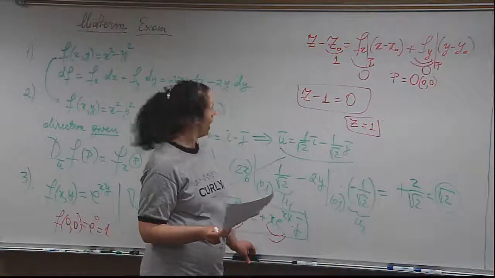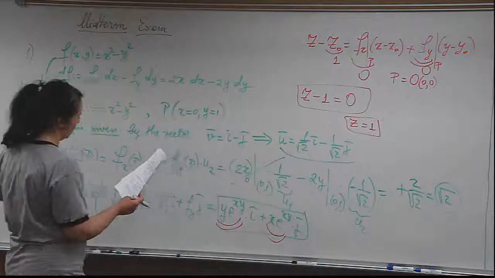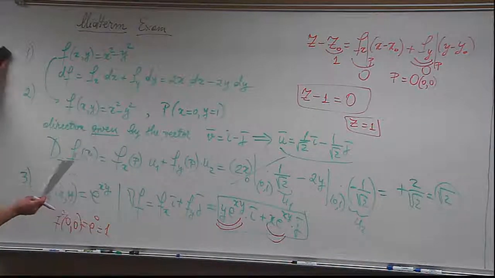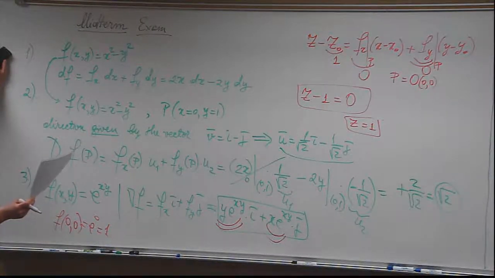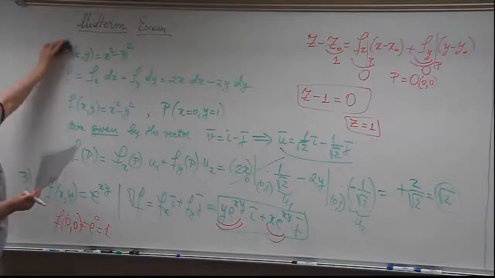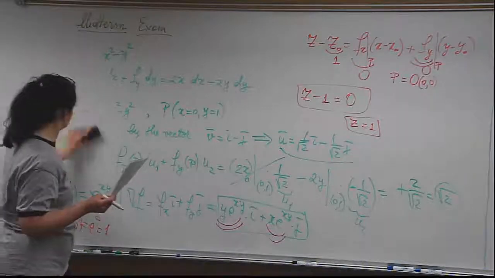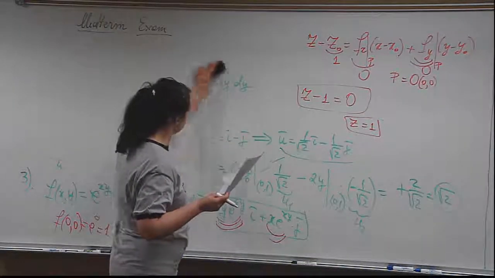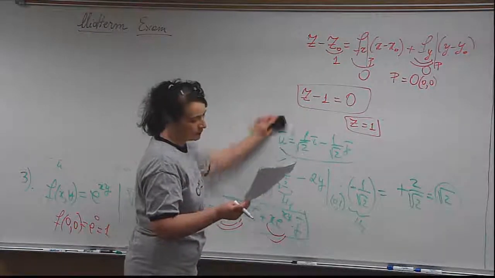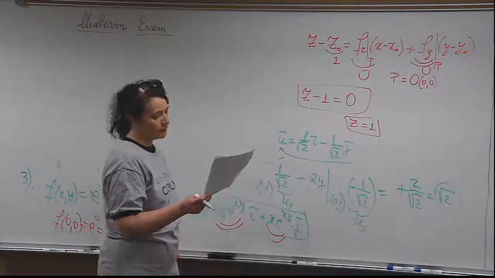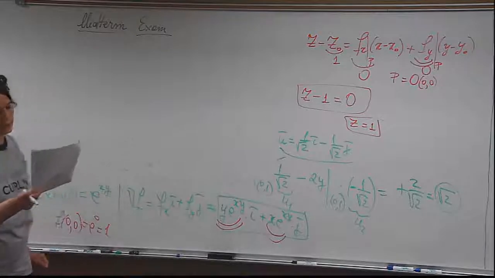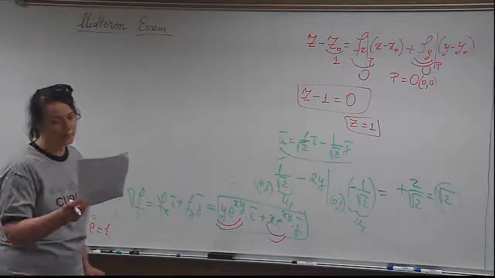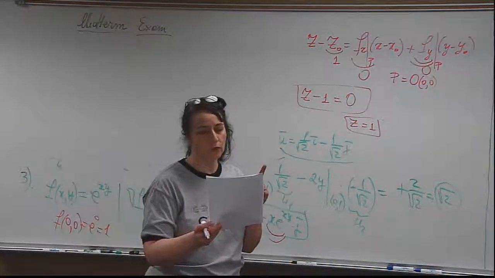On number 4, find the direction u. Now you're using number 3, so I should not erase number 3 completely. On number 4, you use number 3, so the same type of function, but it says find the direction in which this function increases most rapidly at the point (1, 1).